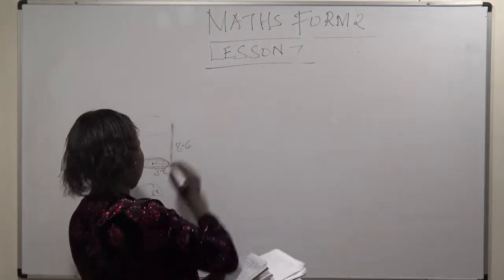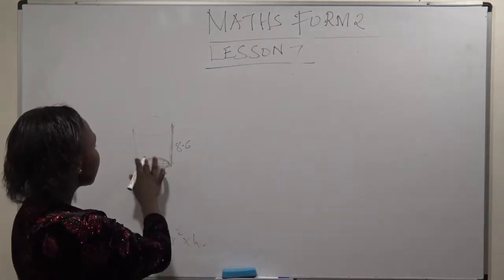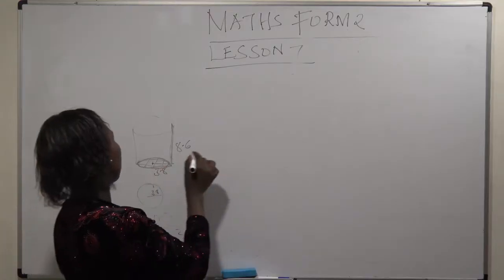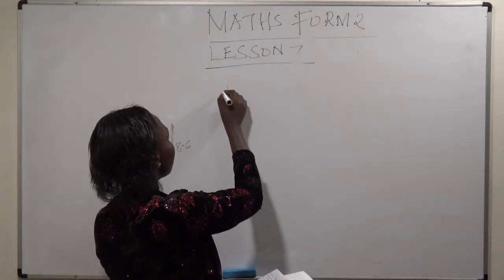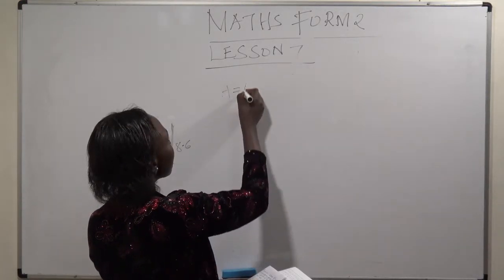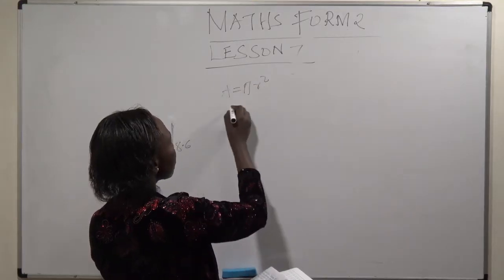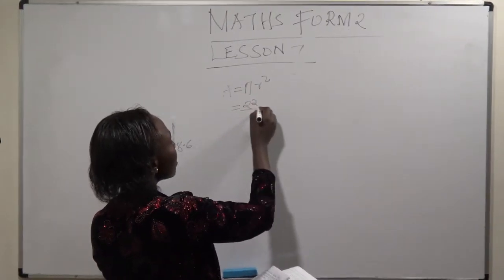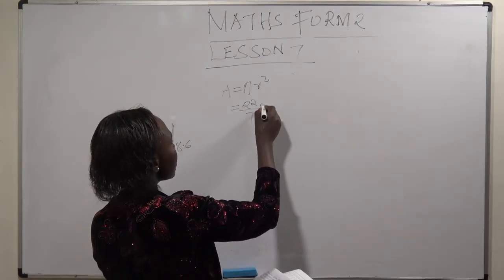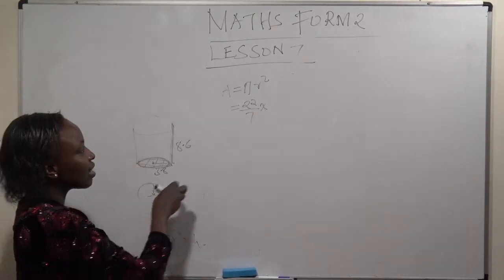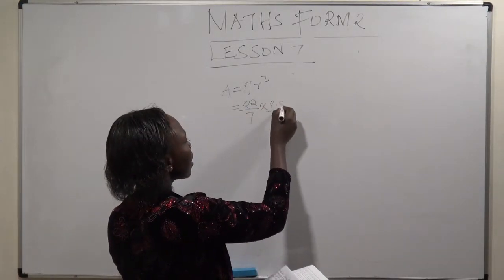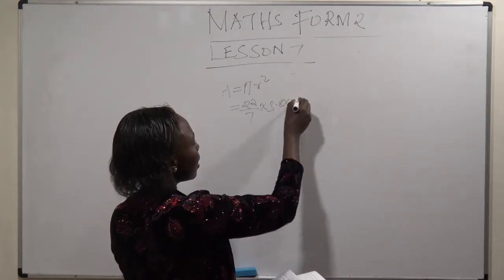So we start by getting the cross-section area. The area of the circle is pi r squared. Let's take pi as 22 over 7, times the radius, 3.8, times 3.8.